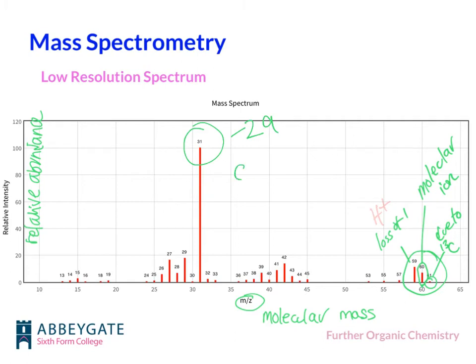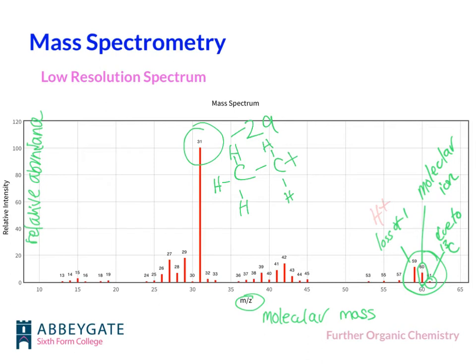Well, 1 carbon and 3 hydrogens is 15. So if I add on another carbon, that takes me another 12, so that's going to be up to 27. So another 2 hydrogens. And I've lost an ethyl group. So minus 29 would be losing an ethyl group.